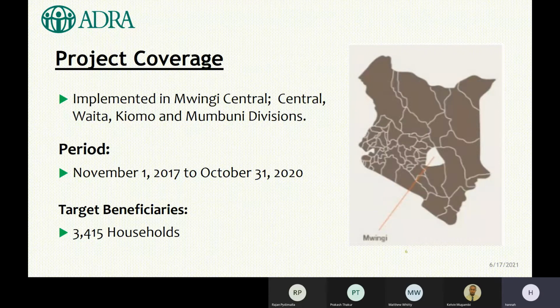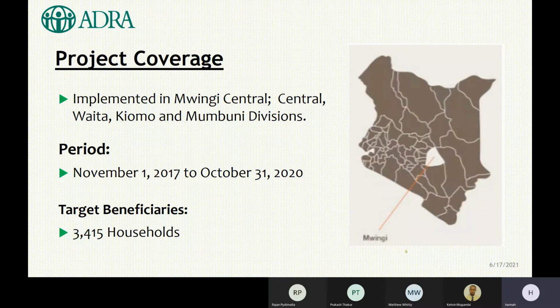This project was implemented over three years, from November 2017 to October 31st, 2021, though the stakeholders meeting on the lessons learned was done only about a month ago.